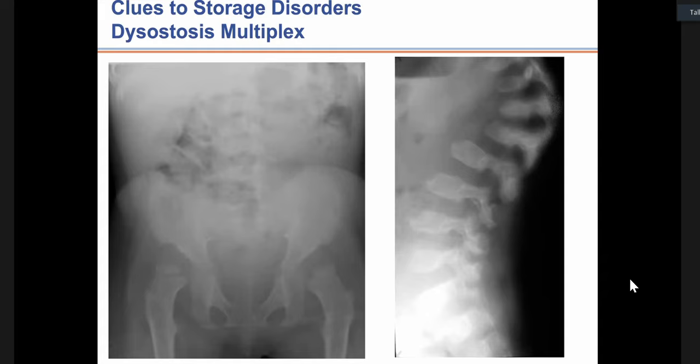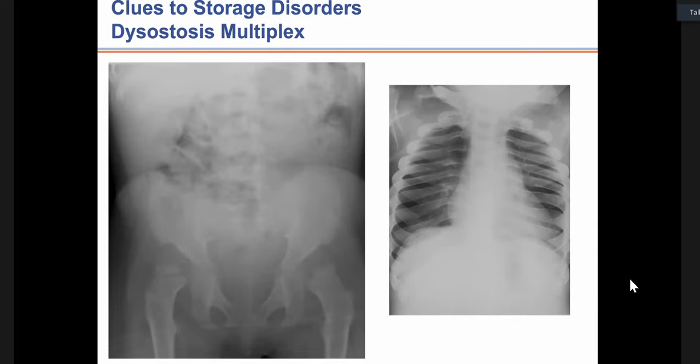People will say, are the anterior tongues at the inferior, at the middle, or at the superior border of the vertebral body? It doesn't matter. It's not been found to correlate. Don't worry about where they are. Just look for them, and if they're there, ask yourself. The other thing, you may also see this in neurodegenerative conditions with the kyphosis, but you wouldn't see the other skeletal features.